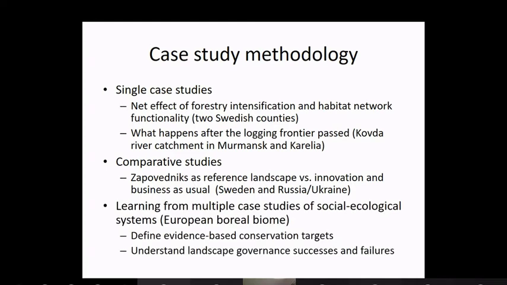And then you can also study a sample of landscapes or case studies. I think this is particularly important because very often there is a discussion of how much land we should allocate to biodiversity conservation and to other purposes. And then you need to define evidence-based conservation targets.